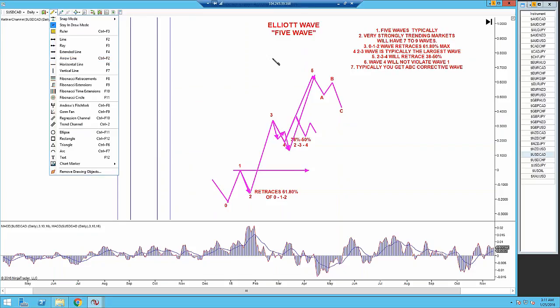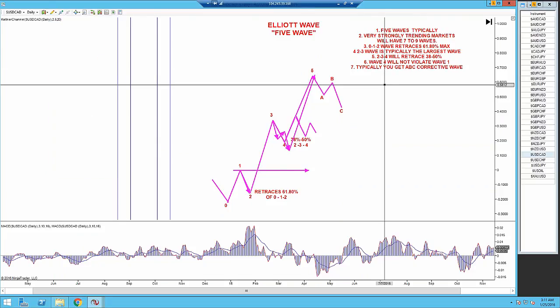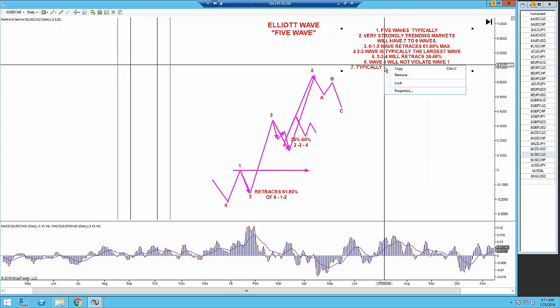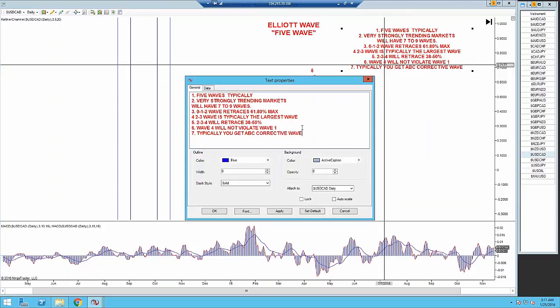So we want to add: either 1 to 2 or 3 to 4 will be simple, and the other will be complex.